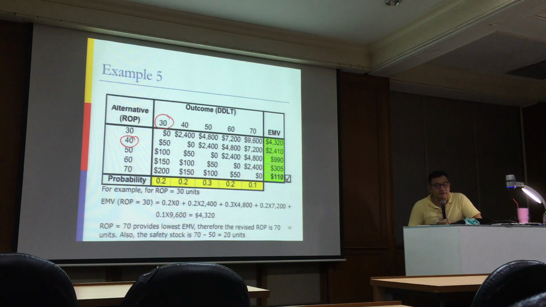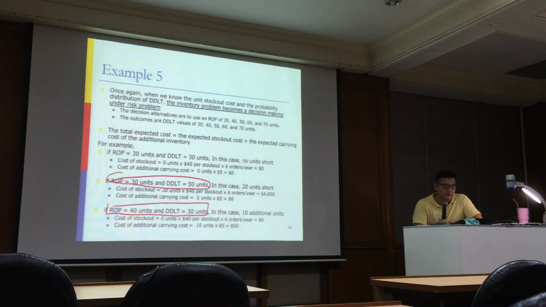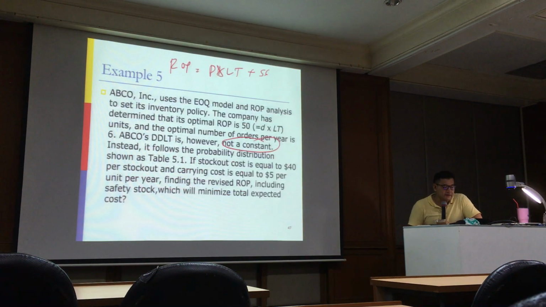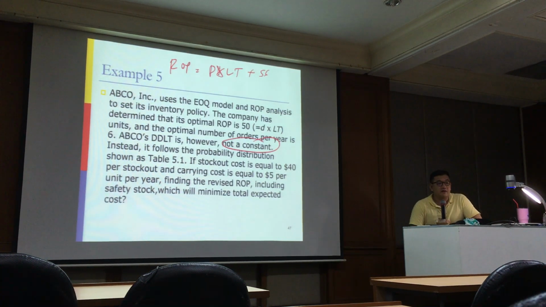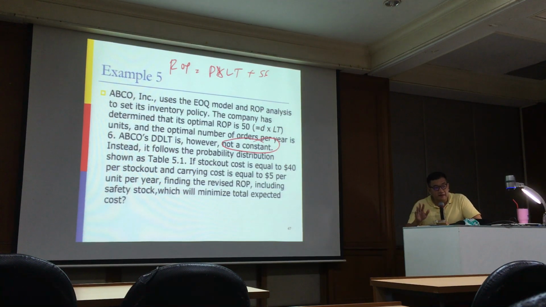How can we calculate the carrying cost? The information says the carrying cost per unit per year is $5. Now we have 10 remaining units, because the reorder point is 40 and demand is 30. So if you have 10 units, what would be the cost? You have $5 multiplied by 10.